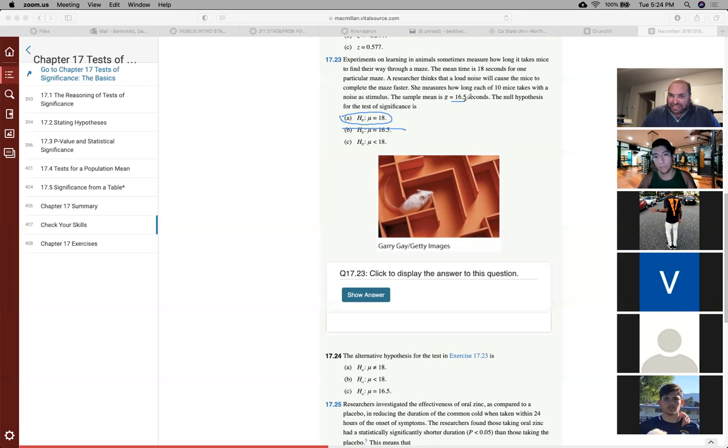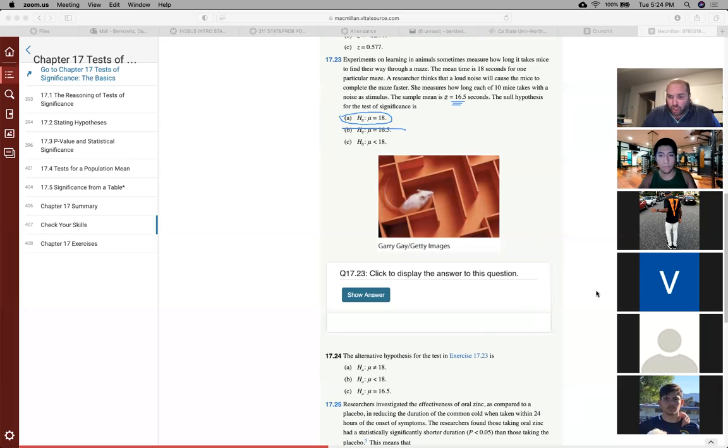The fact that I got 16.5 certainly means that I might conclude that mu is less than 18, but that's what I'm testing against. Okay, I'm wondering, maybe this is wrong and it's the alternative that's correct. So what did someone say here? Would it be C because you were trying to see?